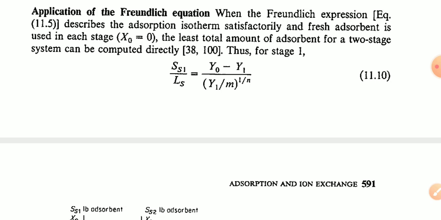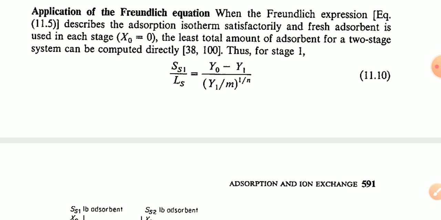The least total amount of adsorbent for a two-stage system can be computed directly. Thus, for stage 1, SS1 by LS is equal to (Y0 minus Y1) by Y1 raised to 1 by N, divided by M.